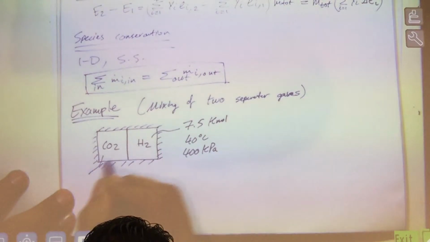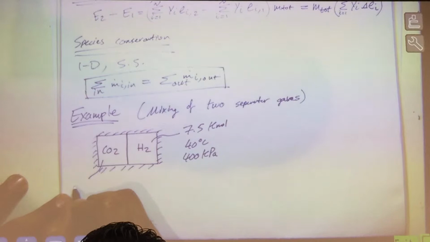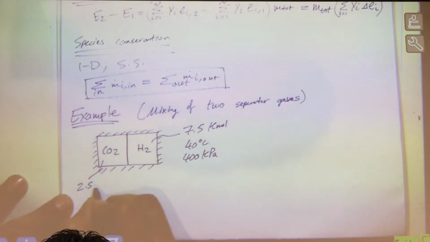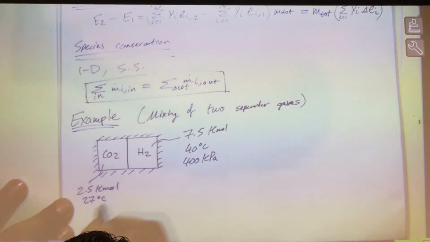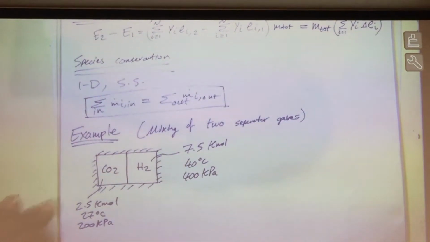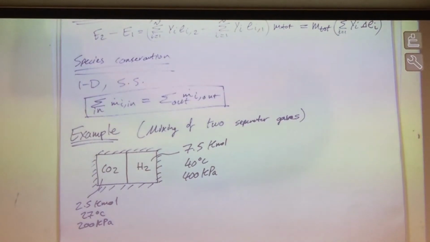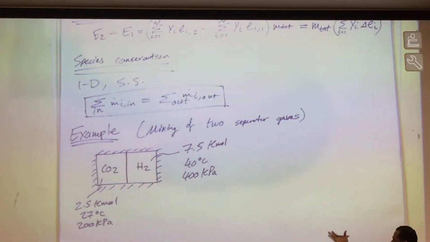And CO2 is 2.5 kilomoles, 27 degrees Celsius, and 200 kilopascals. So I have two separated gases at different temperatures and at different pressures, and they're two different gases.